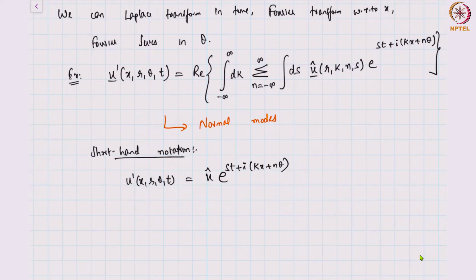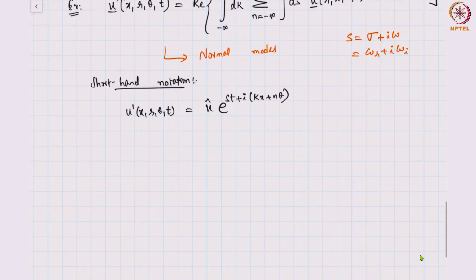Now I have not said what s is here. In this case, s is a complex number. So s can be something like sigma plus i omega, or you can even write omega r plus i omega i, where sigma and omega are just two arbitrary numbers. If sigma is greater than 0, you can see that it will grow. So let me write that down.